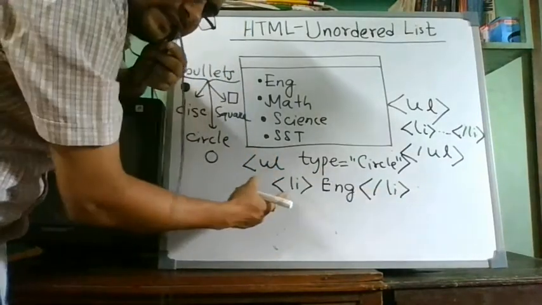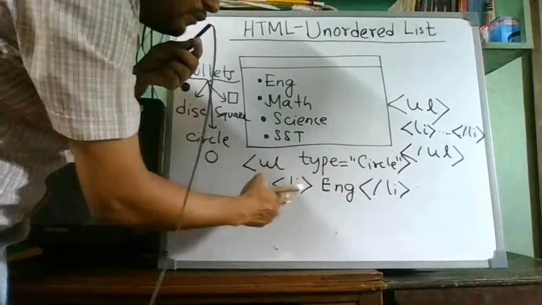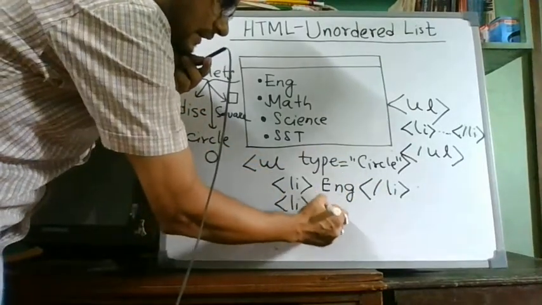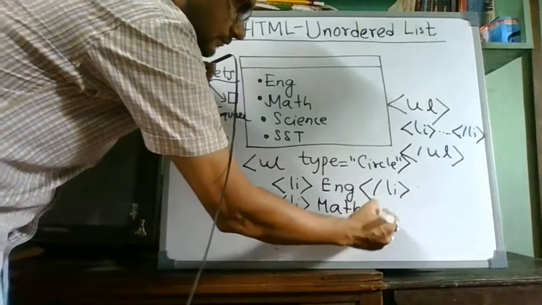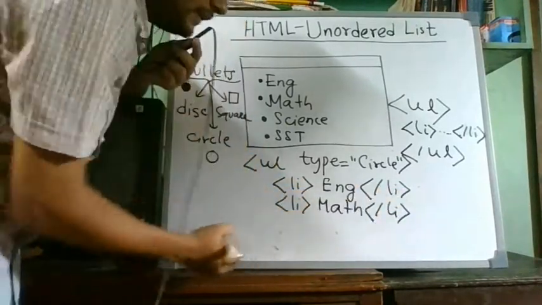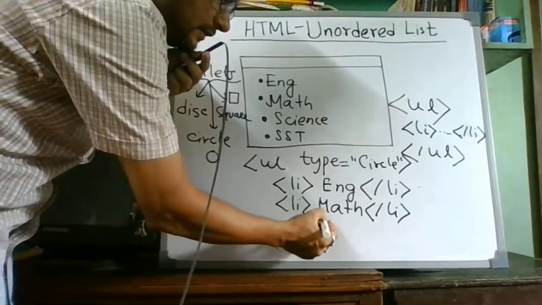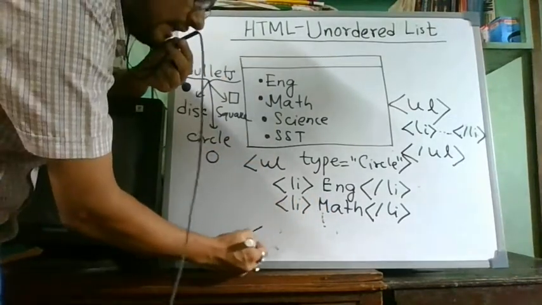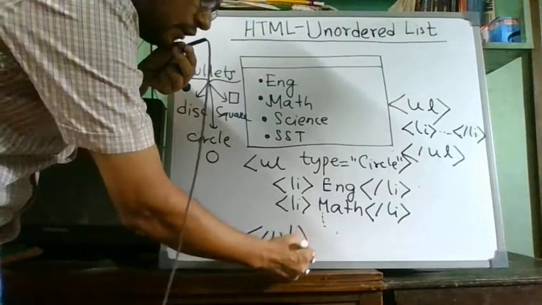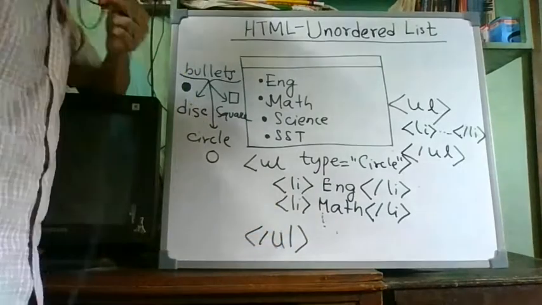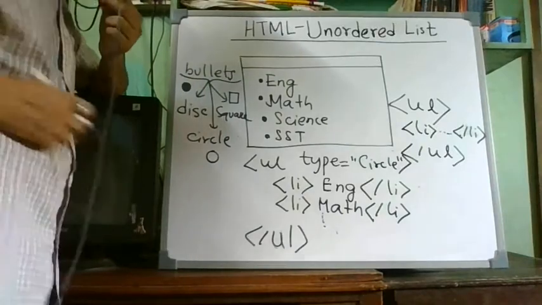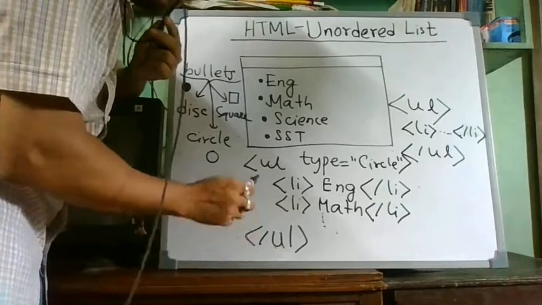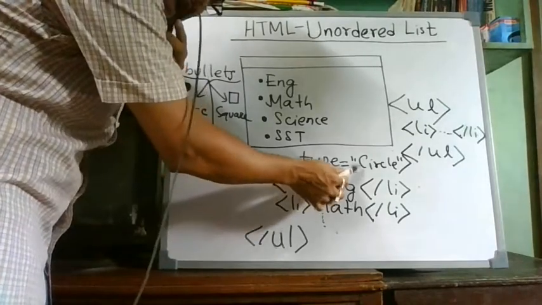As you know, li is a container tag, so li will have a starting and ending tag. Like this, we mention the list items, and suppose we have added 4 items. After that, we close the UL tag. So you can see we have created the UL tag with these items where I have used the circle bullet.